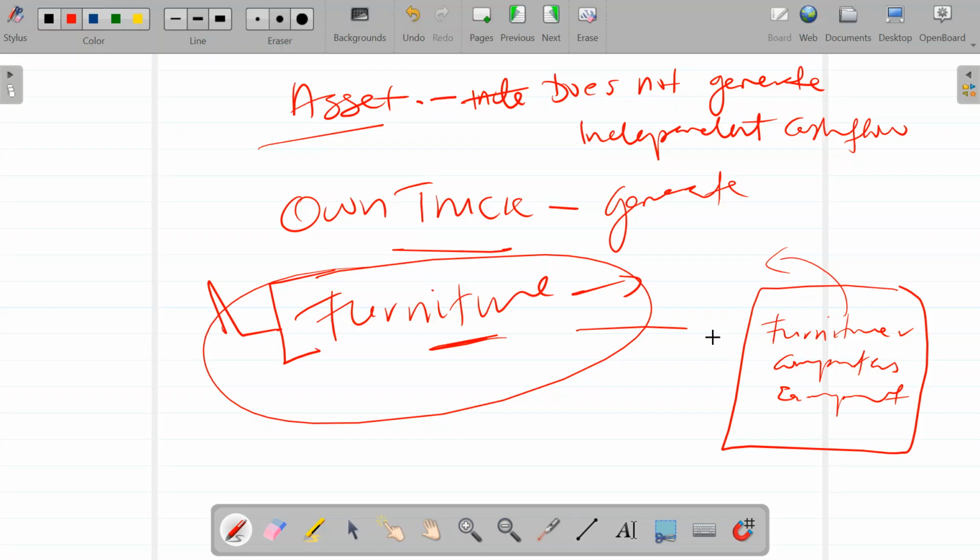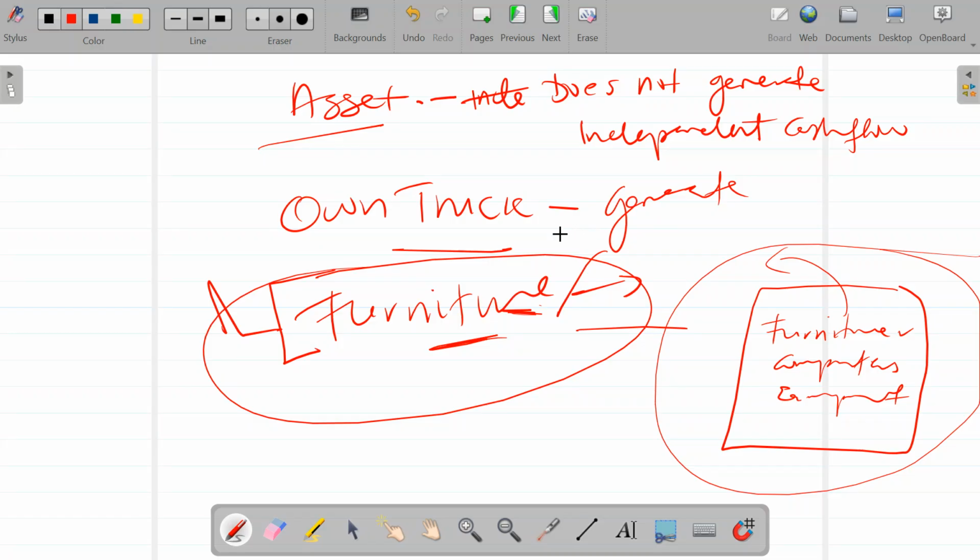In that case, if you cannot allocate or track any cash inflow coming from this asset, then you have to group this asset into a class of assets which is able to generate cash flows. Then you will test for impairment for all the assets in that class.